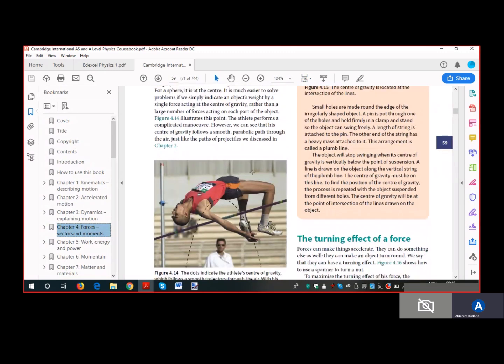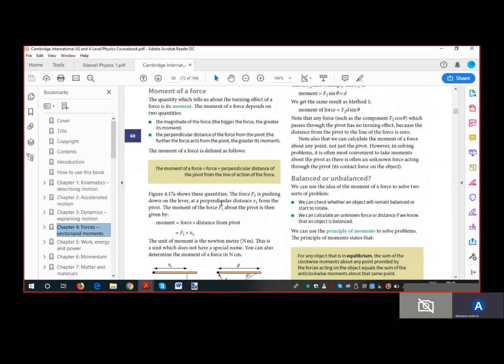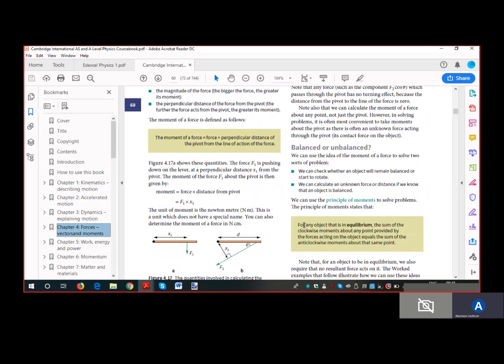About moments, you can see here a very good definition, and this is also good about the principle of moments: for an object that is in equilibrium, the sum of the clockwise moments about any point provided by the forces acting on the object equals the sum of the anti-clockwise moments about that same point, because it has to be about the same point. If you take clockwise moments about one point, and it is in equilibrium, the sum of anti-clockwise moments about the same point only should be equal, because if you take two different points, then the moments will be different.